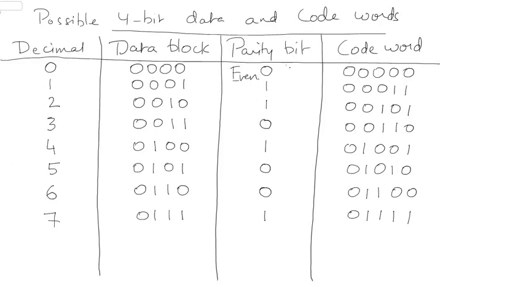So if you are using odd parity, this 0 becomes 1, this will be 0, this becomes 0, this will be 1, this will become 0, 1, 1 and 0. So these are the bits which are to be added if we use odd parity, and these are the bits which are to be added if we are using even parity.